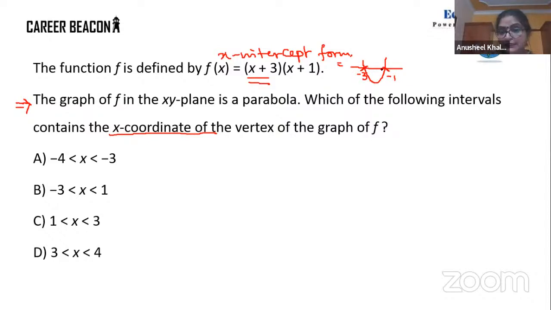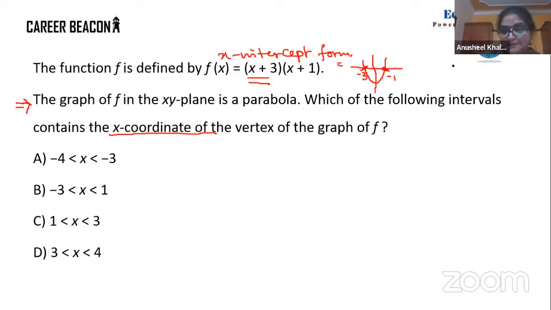And another property of parabolas is that they are always symmetrical. One thing I would like to add here: the drawings that I made are not always drawn to scale. So please, extremely sorry for that.